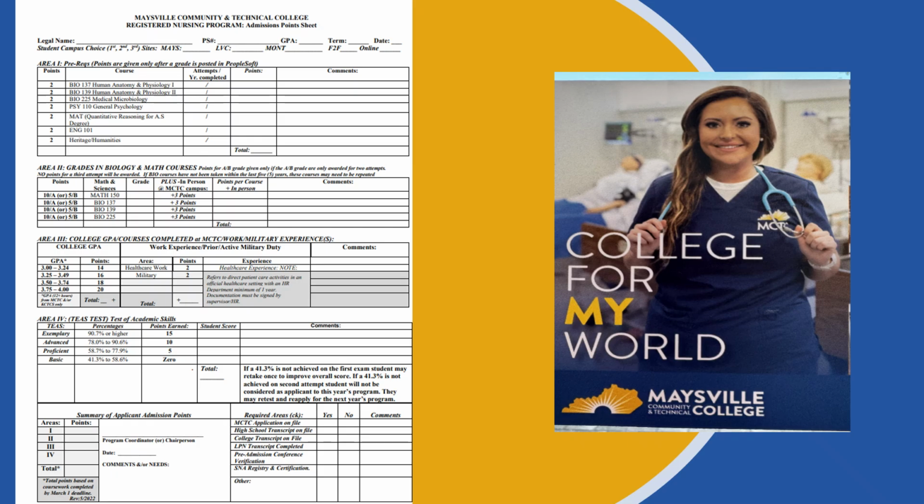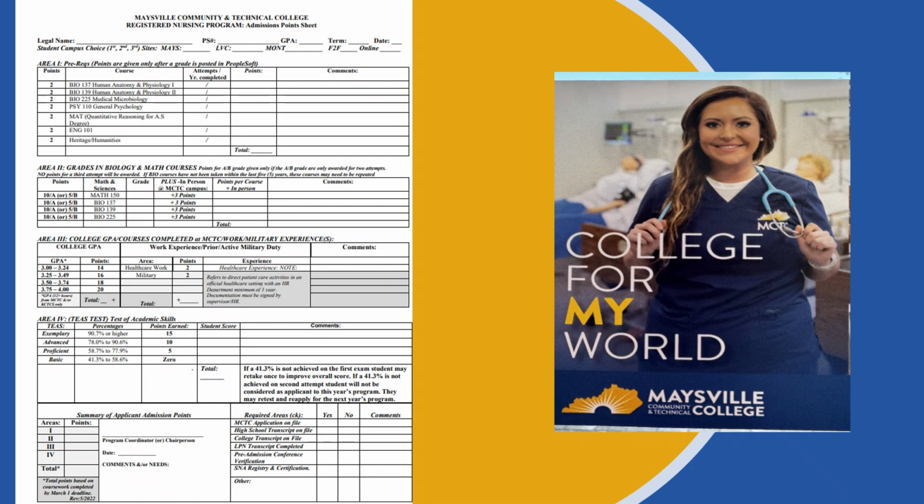And I recommend, if you score in the basic area a 41.3 to a 58.6, that you consider taking that examination again, studying, and then retaking the examination so that you do get points. We have a lot of people that take the examination and get 5 points. We have some that get 10 points, and we have very few that get 15. But I would definitely shoot for at least 5 points. It's just going to increase your chances of getting in.